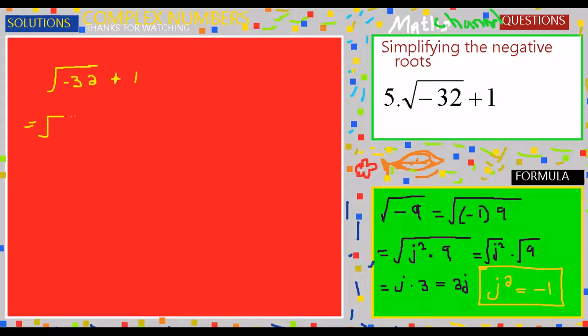Splitting this one, you have negative 1 and then 32. Let's just write 32 plus 1.